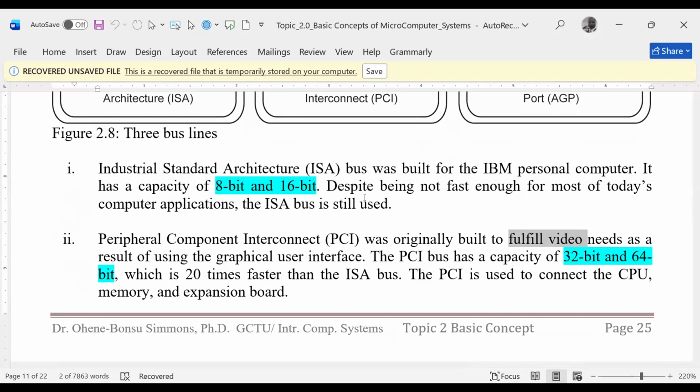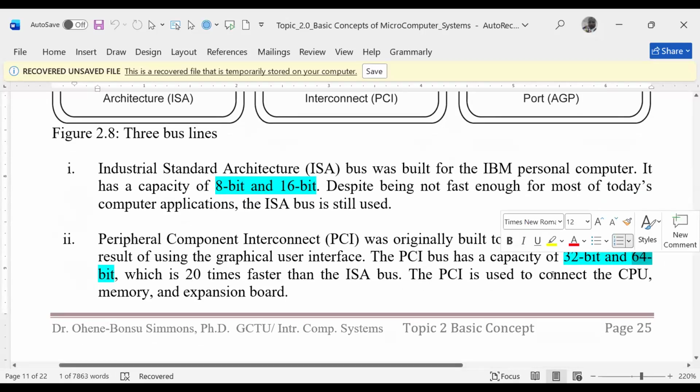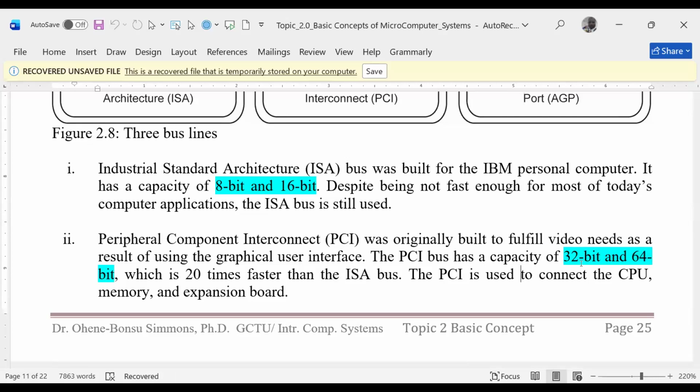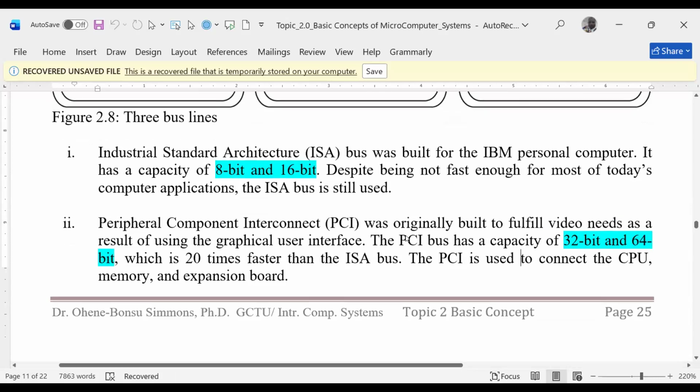There are some programs that, if your PCI is not 64, you cannot install on your computer. Some support 32-bit, some 64, which is more advanced. So when you are buying a computer, not just the processor, you also need to consider the type of PCI. Is it 64, which is faster than the ISA, or 32? The 64 is faster, about 20 times faster than the ISA.